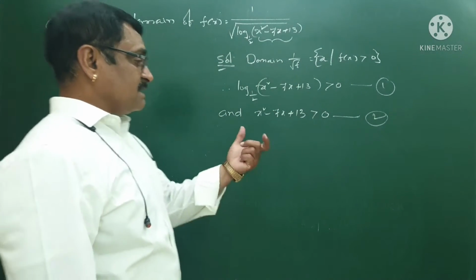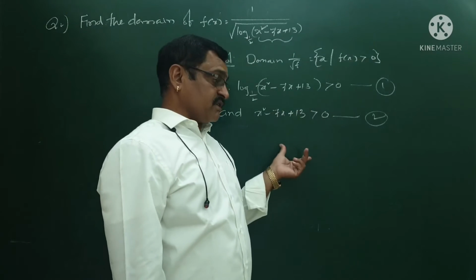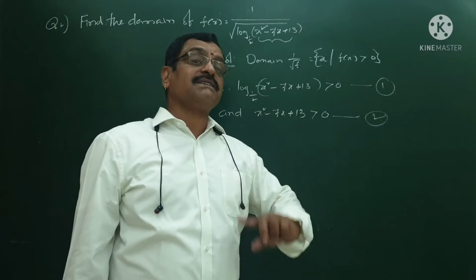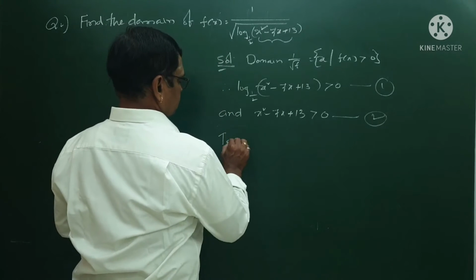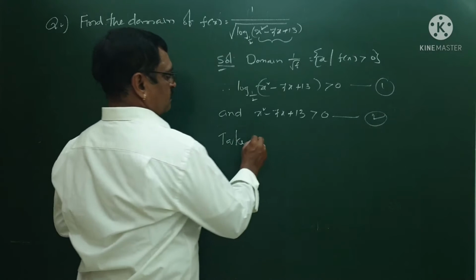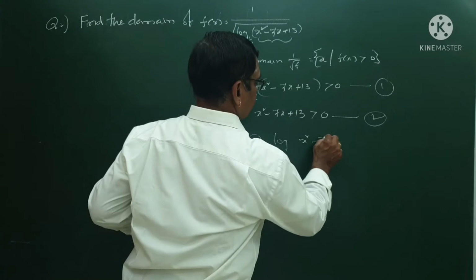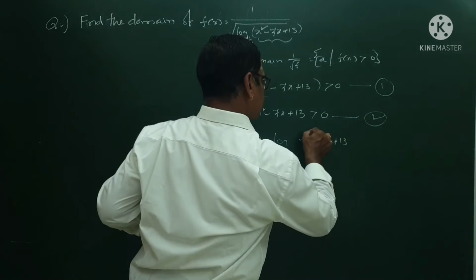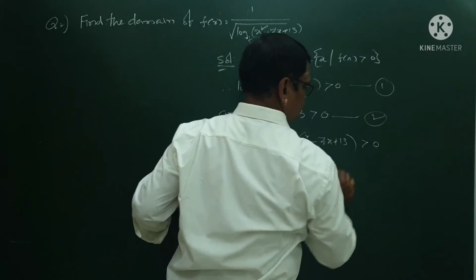Now, whatever real number subset you get in the case 1 as well as case 2, you have to take intersection of those sets. So take 1. Log of x square minus 7x plus 13 base half is greater than 0.